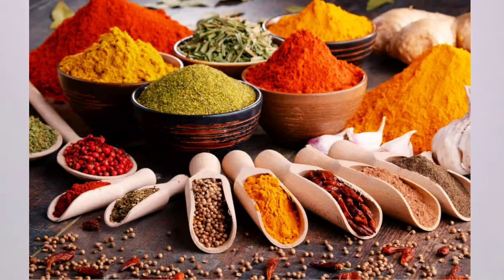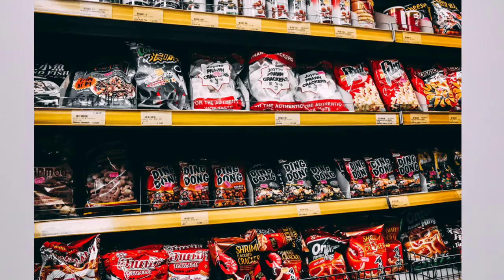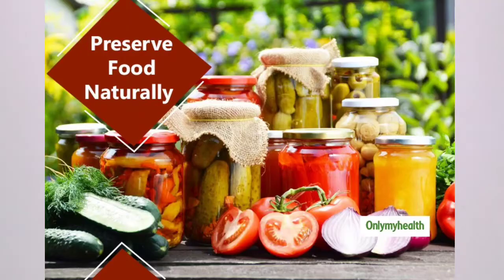Another method of protecting food is use of inert gases. Nitrogen gas is filled in airtight packets of potato wafers and other food to prevent the growth of fungus and insects. Food is also protected by using preservatives. Some natural preservatives are available, for example salt, sugar, oil, used in pickles, jam and murabbas and petha.